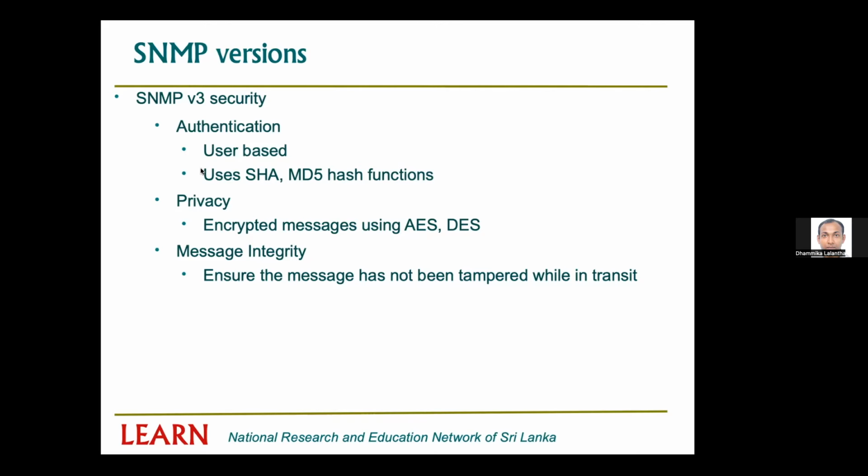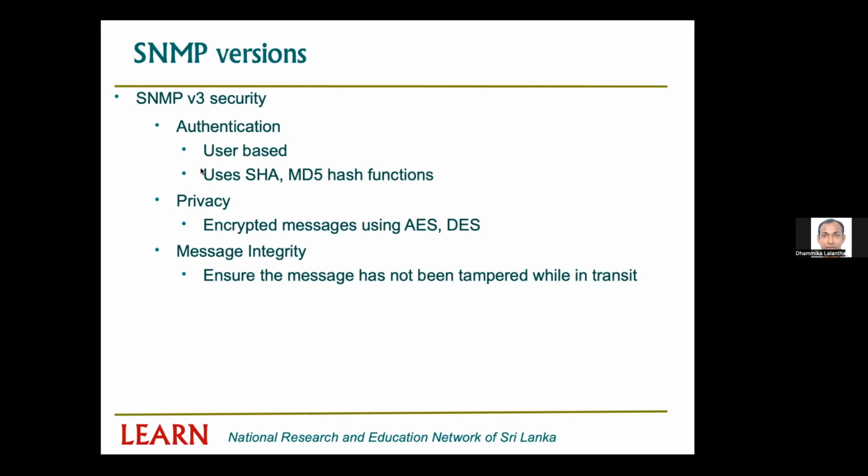And when we talk about privacy, since it has the capability to encrypt messages using encryption algorithms like AES and DES, it has privacy. So a man-in-the-middle attack will be in vain with this protocol.